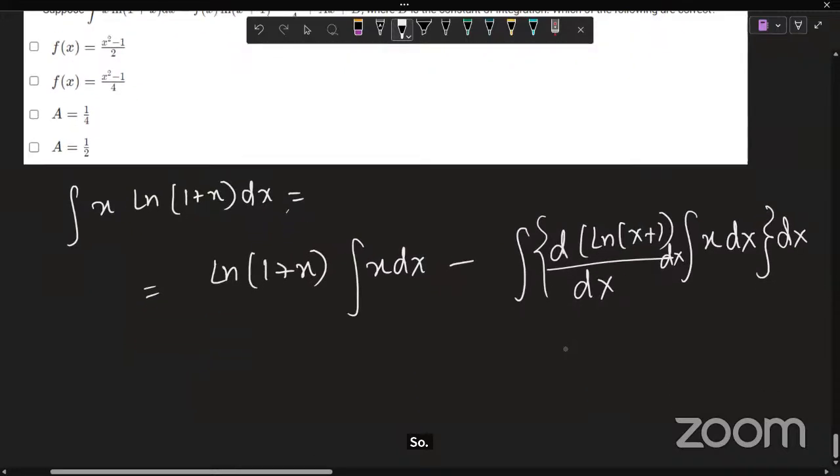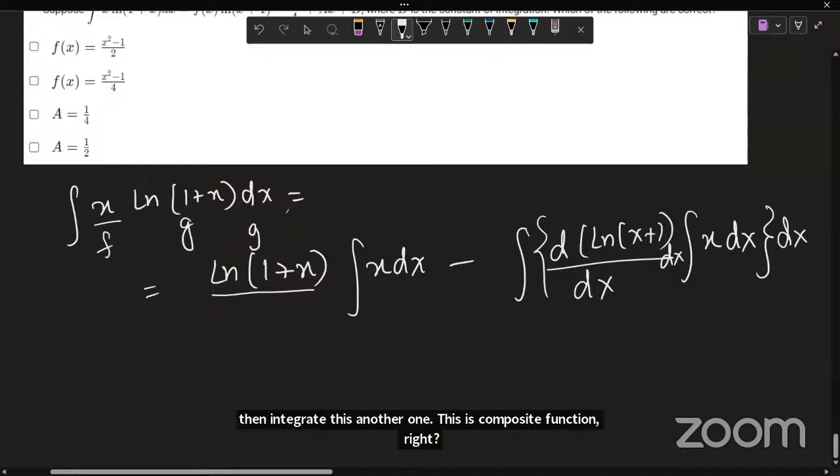Which line? The second line? Yes. Integration by parts: tell me the formula of integration by parts. First, u into v dx. This is a composite function, with f and g.